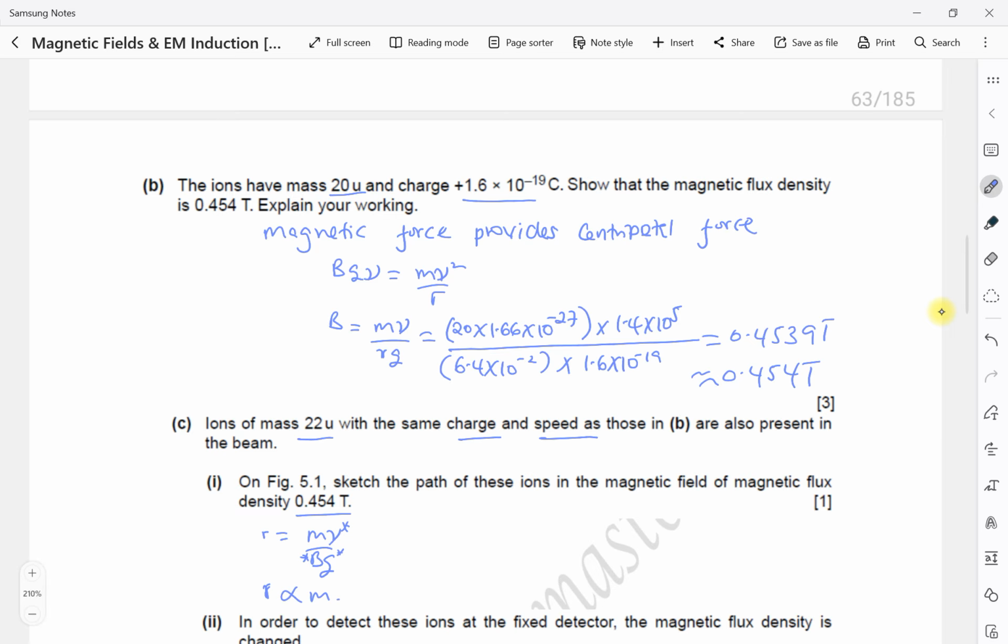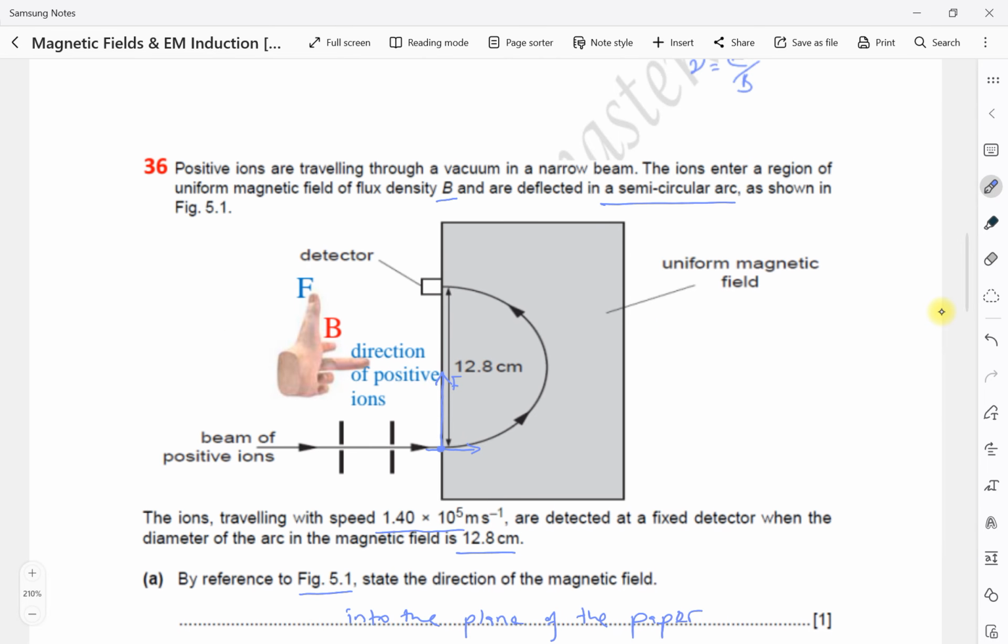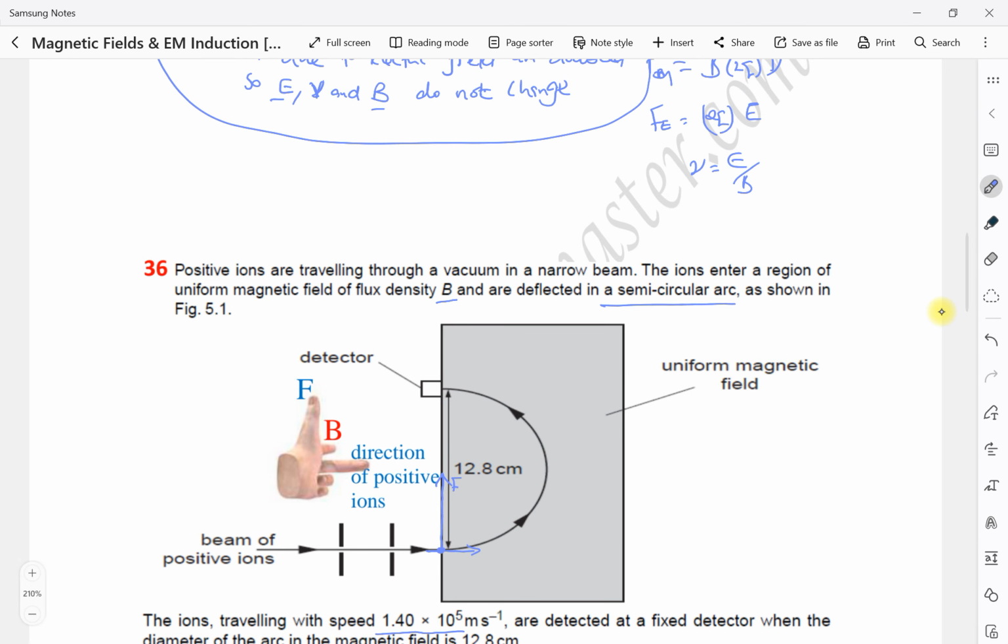Because this mass is greater, a greater m means a greater radius. Therefore, we are going to draw a new path which has a greater radius than the one which we have here. So the new path is going to be this one here.